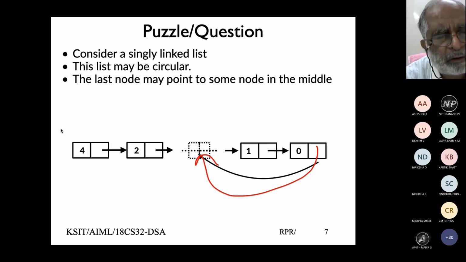You can't modify the list. You can't put a tag on a visited node. So when I start from the beginning of the list, how do I know whether this is terminating or it is a circular list pointing to somewhere in the middle?